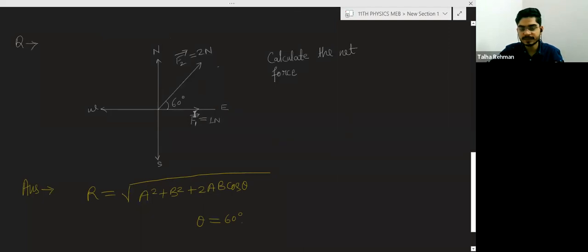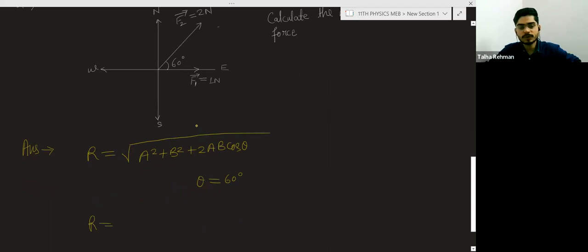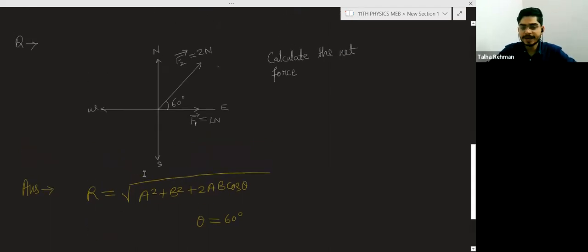So I am considering this as a. So a is f1, and instead of b you will put f2. Actually this formula is adding the magnitudes of the two vectors.